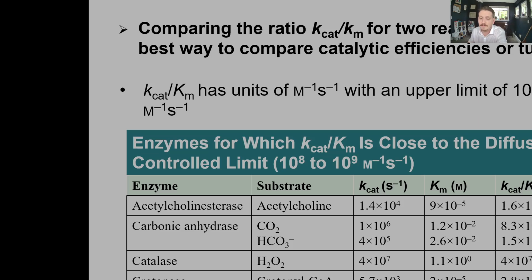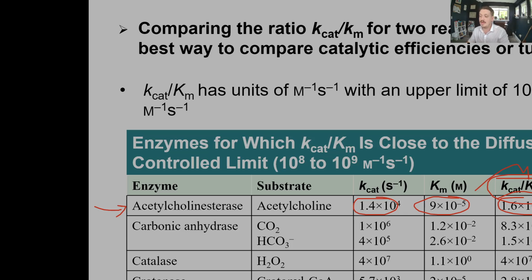If this is its Kcat, how fast the second part of the reaction works, how fast it can turn ES into EP, and Km is how fast E plus S can turn into ES, we put these two together as Kcat divided by Km. The bigger the number, the faster the reaction is, and you can use that to compare different enzymes.